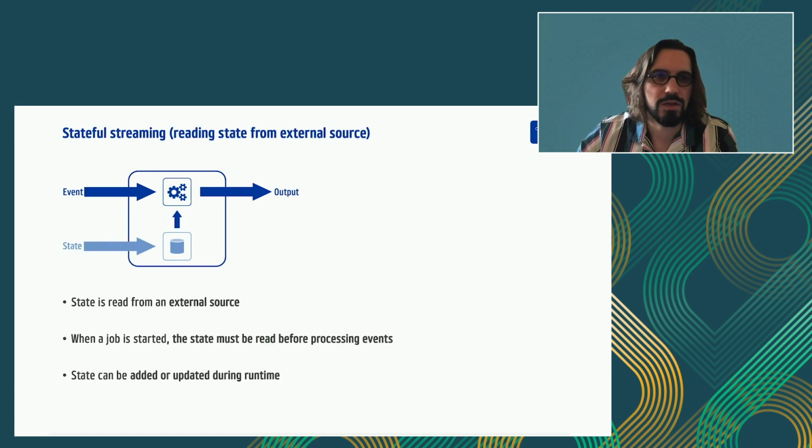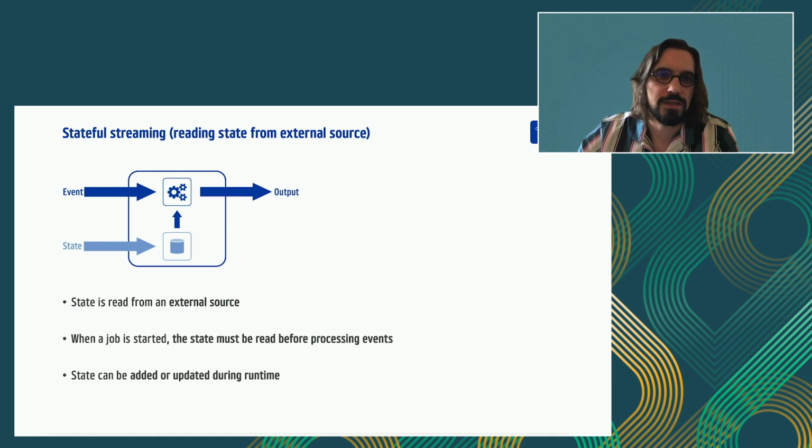So the stateful streaming that we want to talk about in this presentation is slightly different. Our state comes from an external source, completely separate from the events. And so this is not necessarily dependent on previous events.